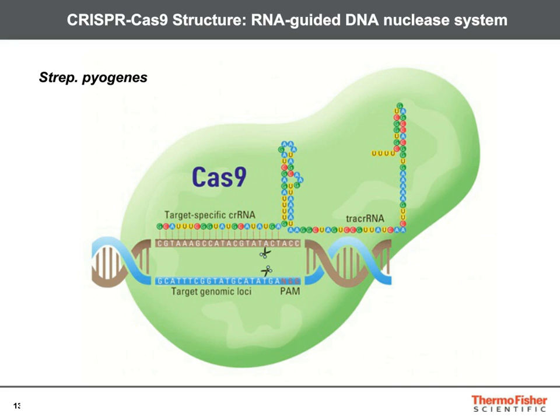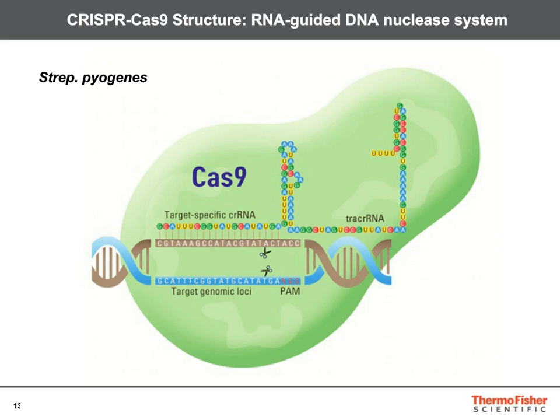So the main star of the show right now is Cas9, CRISPR-Cas9. As I mentioned, there's two parts of this system. So the first is the Cas9 protein. It's a nuclease that is nonspecific. And then when it's complexed with what's called a guide RNA, in nature this guide RNA appears in two pieces: a tracer RNA, which is thought to be important for creating this protein RNA complex, this ribonuclear protein complex.